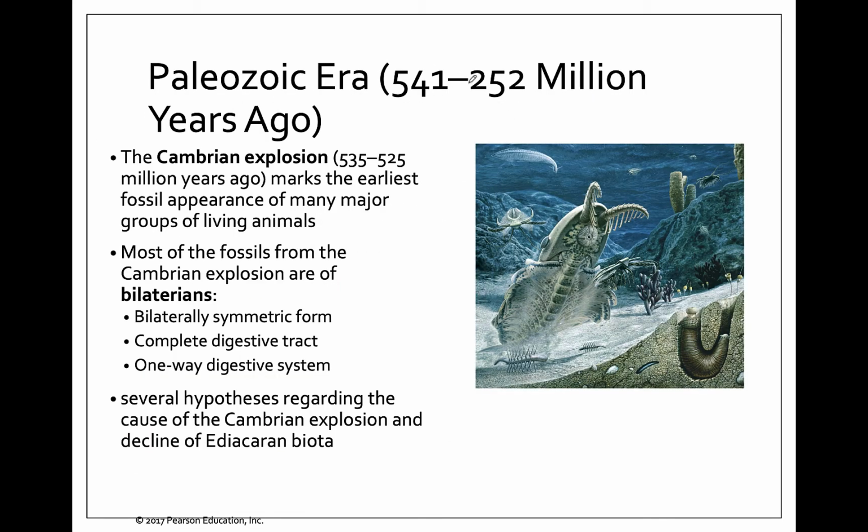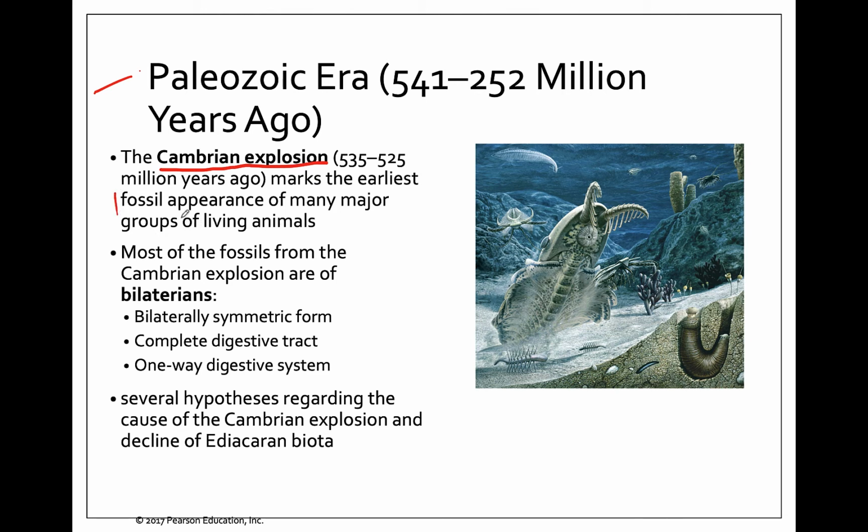Skip forward about 100 to 300 million years, and we see the Paleozoic era. Again, you don't have to remember the eras. In the Paleozoic era, we have an extremely important event called the Cambrian explosion. This is where most of our animal fossils start to appear.